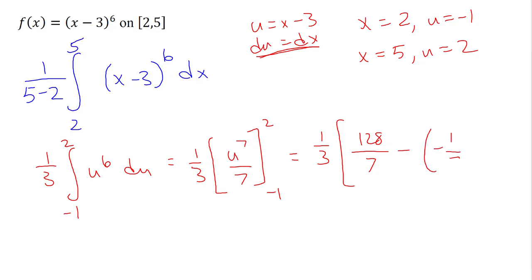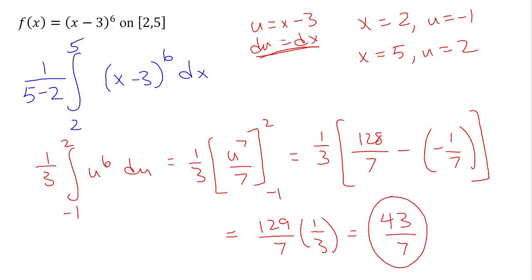So minus negative 1/7. So we have 129 sevenths times 1/3. Well, 129 is divisible by 3, goes in 43 times. So that becomes 43 over 7.